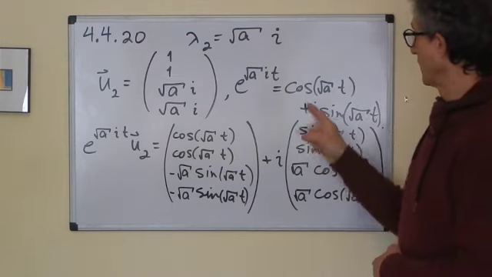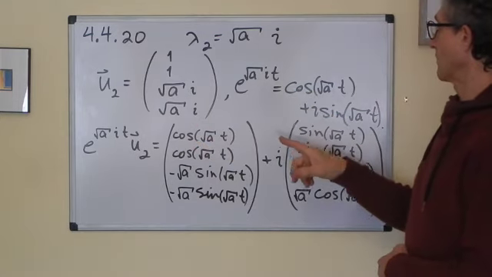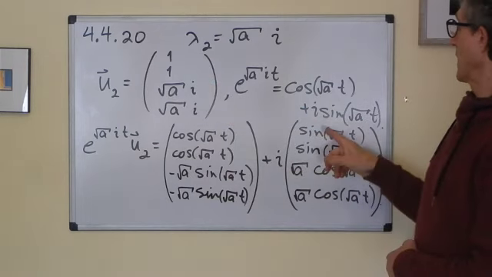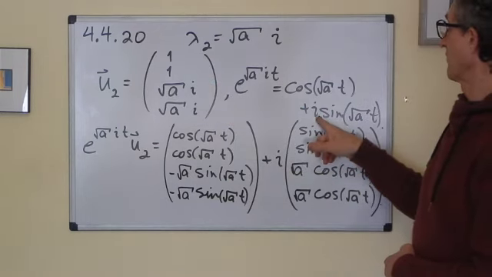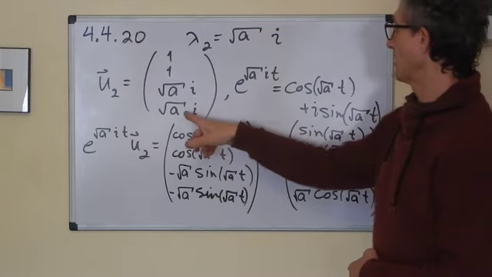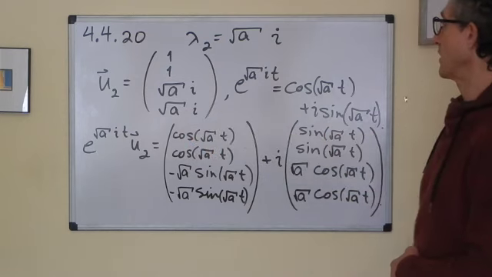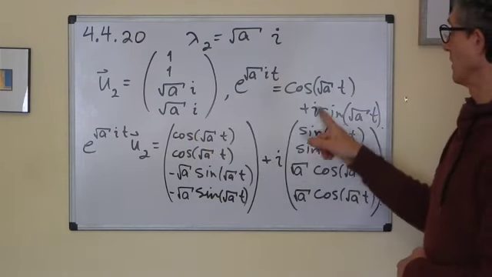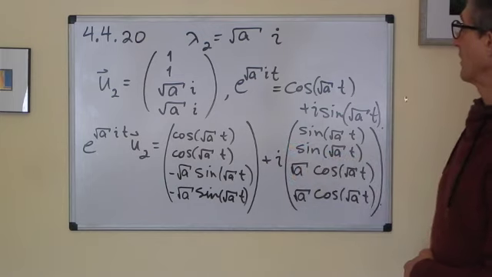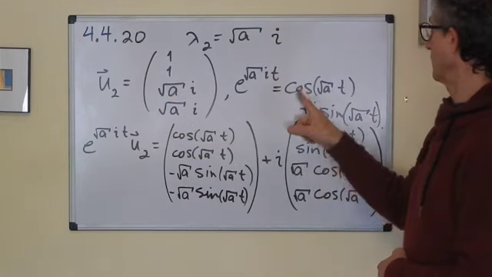We have cosine times 1, we have cosine times 1, we have minus square root of a times sine, we have minus square root of a times sine, and then in the part that includes the square root of minus 1, I have square root of a i times cosine.